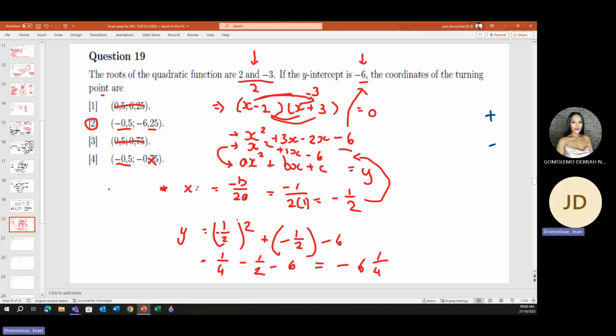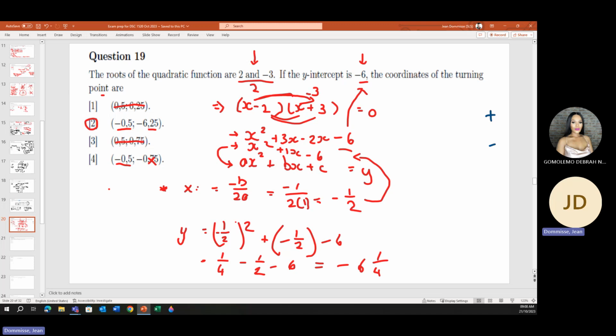So this is also something that they love to ask. It might be that they give you the formula and then ask you to work out the turning point. They might give you a sketch of the formula with some points on it.